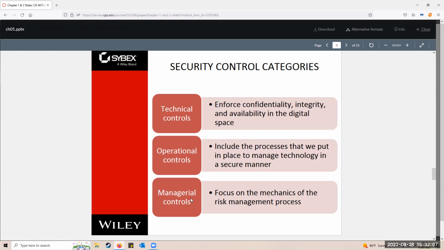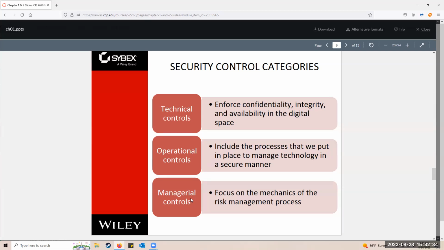So this could be administration of technology, whether it's a firewall, a domain, an OU, some sort of technical piece of either equipment, programming, configuration, etc., that you can control in order to enforce confidentiality, integrity, and availability.